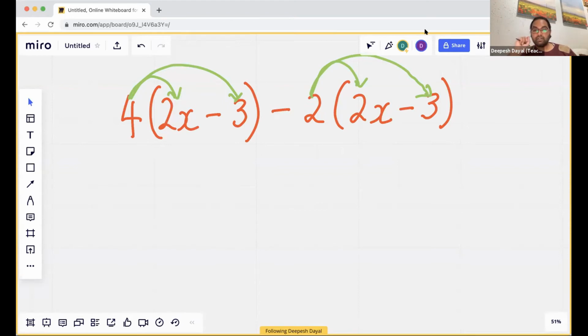You're welcome to type in the chat or also unmute yourself if you feel confident about your answer or if you just want to share with us so we can all compare. Okay, I'm getting some different answers.